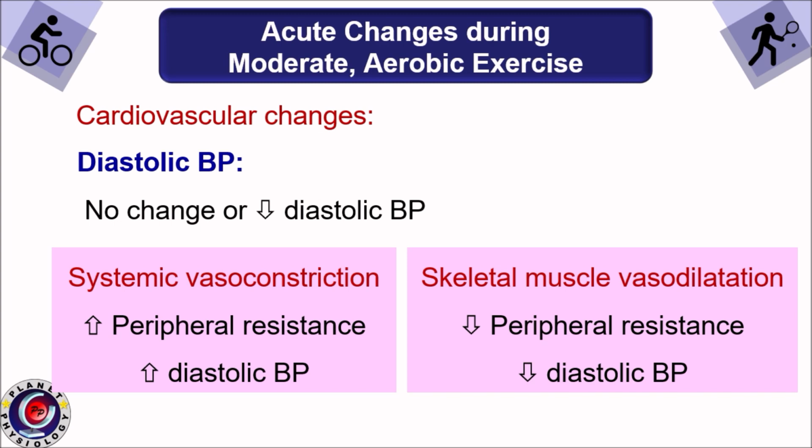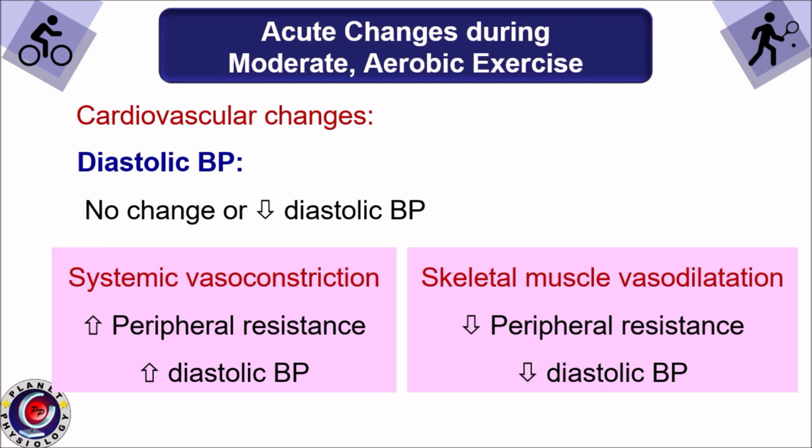But at the same time, sympathetic stimulation will also act on the arterioles in skeletal muscles and will cause their dilatation via beta 2 receptors. So it is the balance between these two: systemic vasoconstriction leading to increased diastolic pressure and skeletal muscle vasodilatation leading to decrease in diastolic pressure.